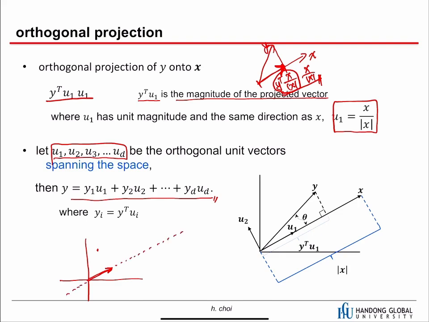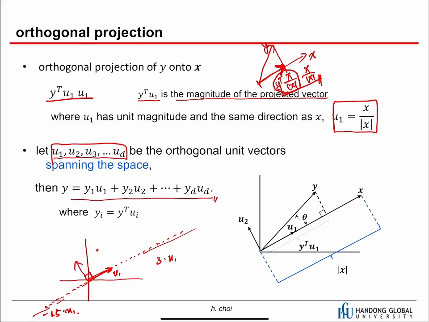Like this one is something like 3 times, let's say this one is u1, 3 times u1. Or this one might be like minus 1.5 times u1. So we can represent all the vectors on this line. But how about this one?